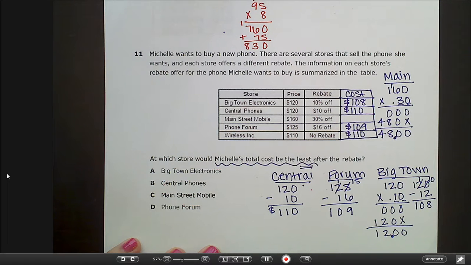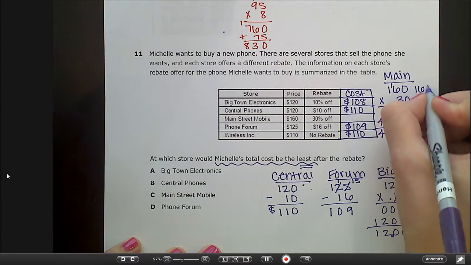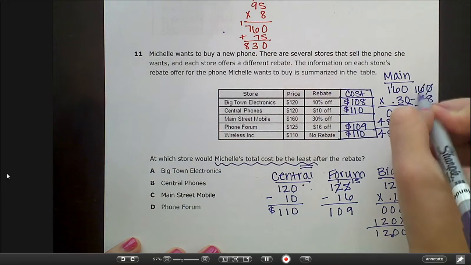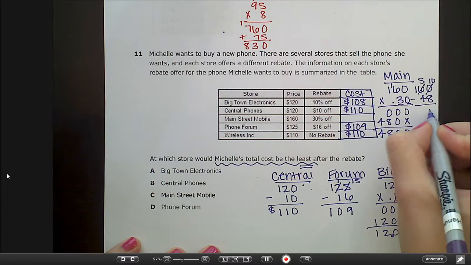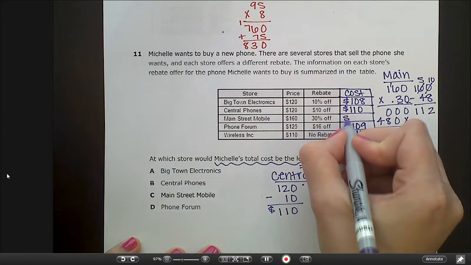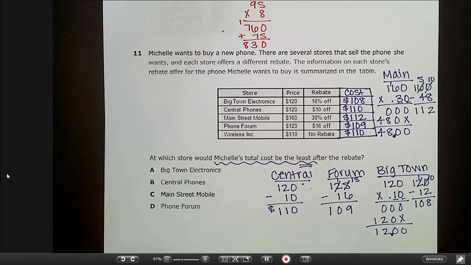So I'm going to save $48. But look, they're also the most expensive, so I hope I would be saving that much. $160 minus $48 gives me $112. So they're actually still the most expensive, even though I get 30% off.